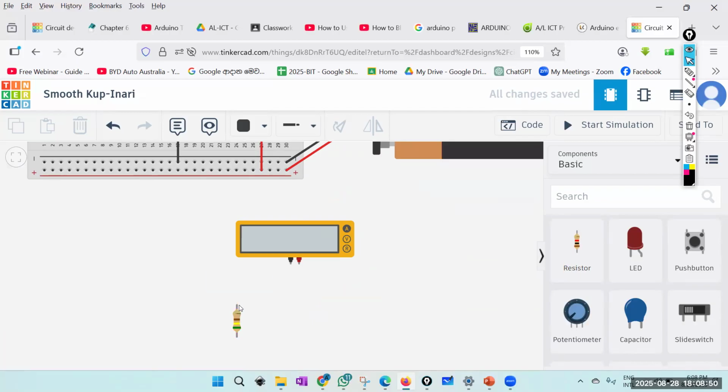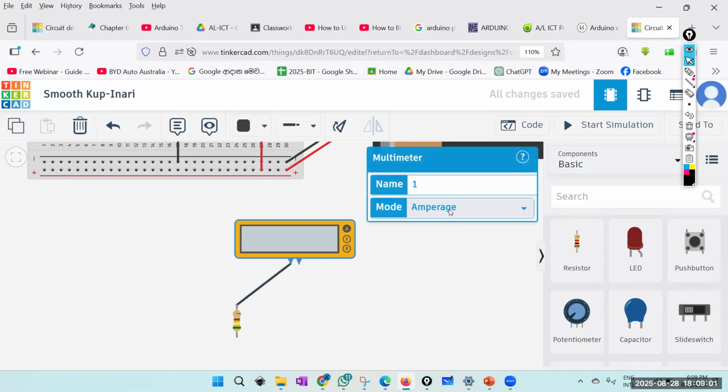Now I want to measure the resistance value, to double check. Because there's no negative or positive when it comes to resistance, you don't need to worry. Just connect the two edges and change the mode from amperage to resistance. Then just click it, because your multimeter gives a small current and checks the resistance, right?